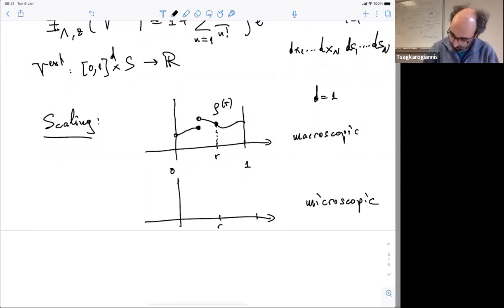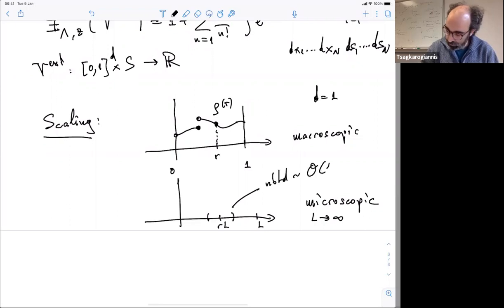I might magnify with L, so 1 becomes L, L will go to infinity, is the size of the box. The macroscopic point R becomes RL, and if I take a neighborhood of order 1, so it doesn't scale with L, I should see more or less a constant value ρ1.